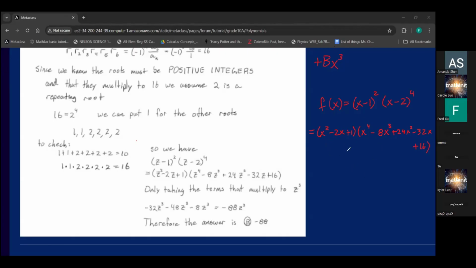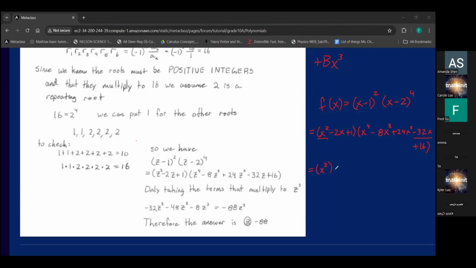Because we are using the distributive property, if we were to write all of this out, it would be x squared times x to the power 4, plus x squared times negative 8x cubed, and so on and so forth. We only want the ones that multiply to x cubed. Let's first look at x squared. x squared times negative 32x will give us an x cubed, so we take that.